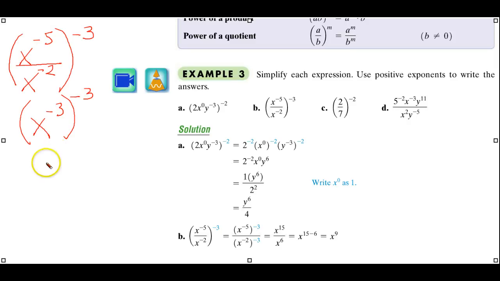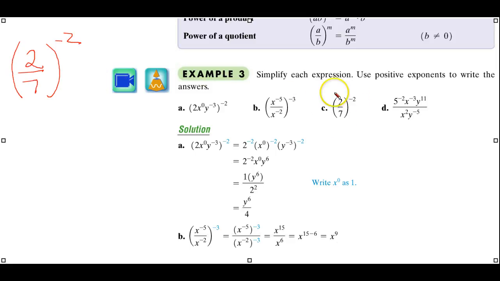Here we're going to multiply. This is going to give me x to the 9th. Now the book goes over it too. Hopefully my explanation is a little bit more concise and you're following it as we do each item.